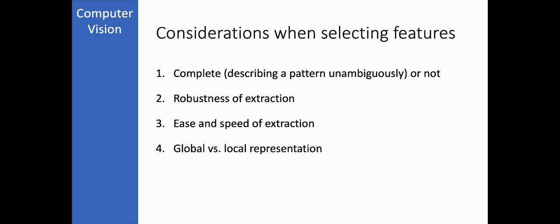We want features that are robust in extraction, as well as easy and fast to extract so that we can use them in real applications. And the last choice that we have is whether to extract features that are global, meaning they represent the entire image with one vector, or local, meaning we extract features from various patches in the image. So we would have multiple features describing different areas in the image.